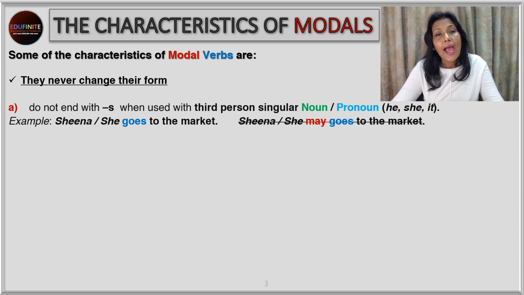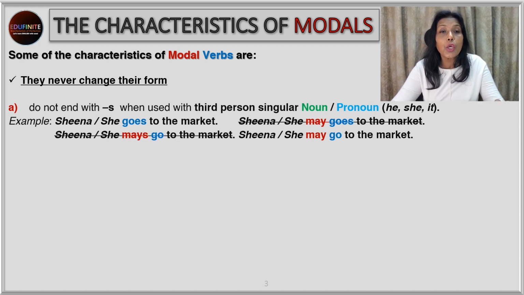We add an S, or here it's go, so we add an ES to it to make it compatible with the subject. Now, in case of a modal verb, we can never say Sheena or she may goes to the market. That is wrong. Again, we will not be able to say Sheena or she mays go to the market.